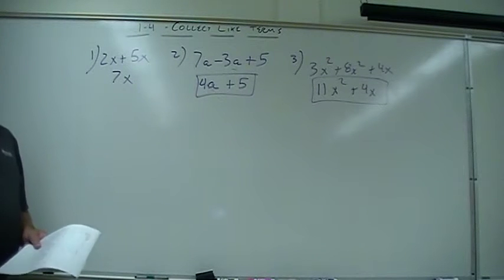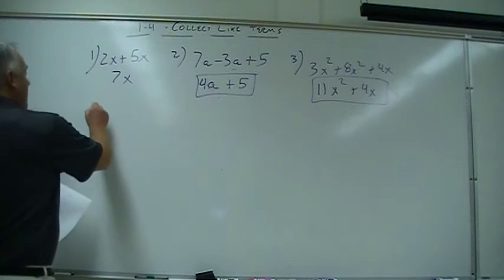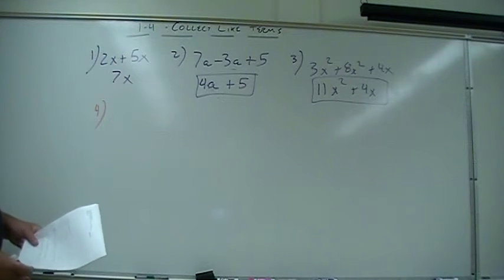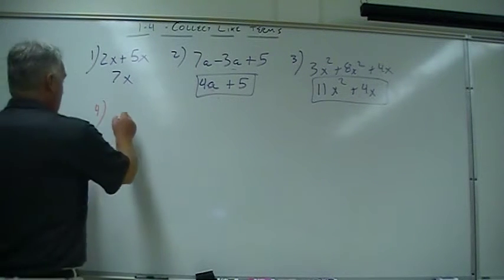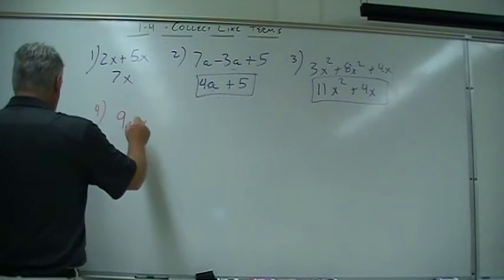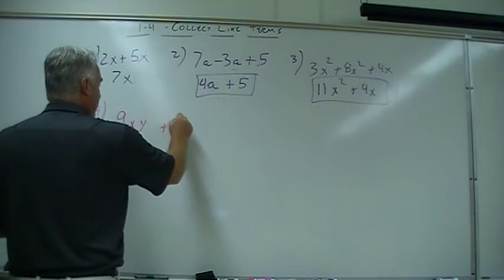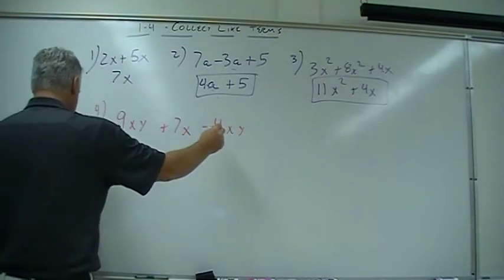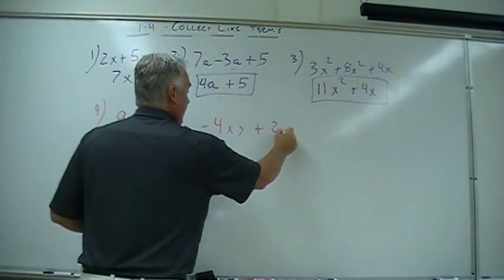Let's get into something with a little bit more action going on inside the problem. So number 4 is 9xy plus 7x minus 4xy plus 2x.